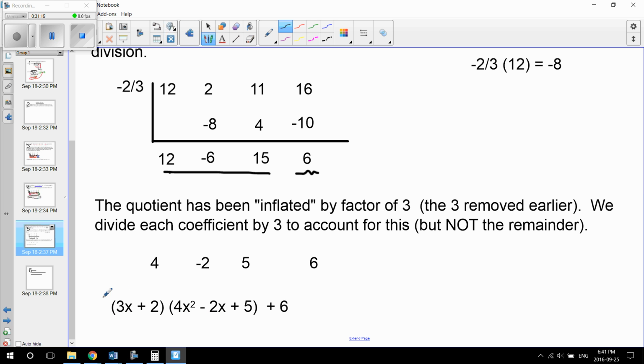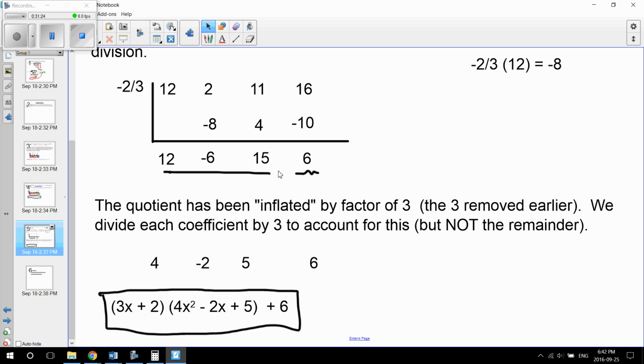So then this gives us our final answer. So this is then what you have to do if you want to use synthetic division when there is that number in front of the x in our factor.